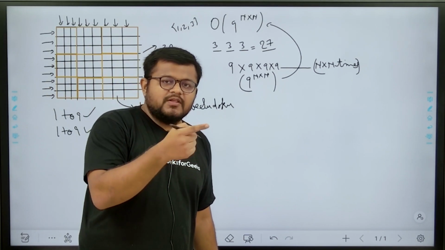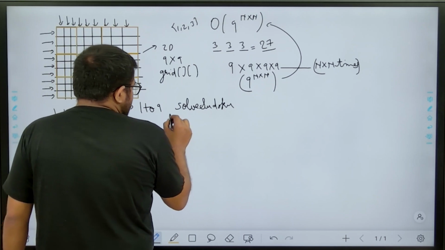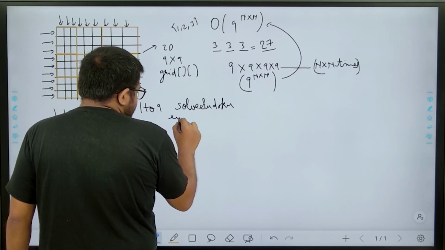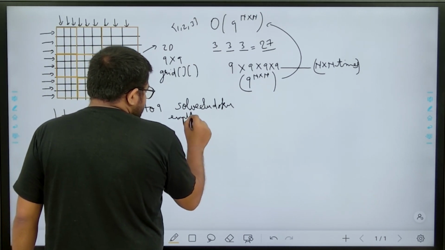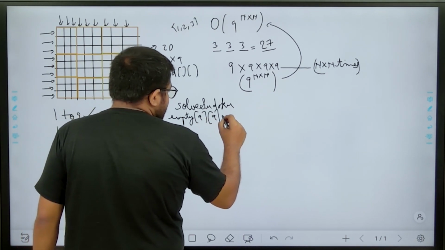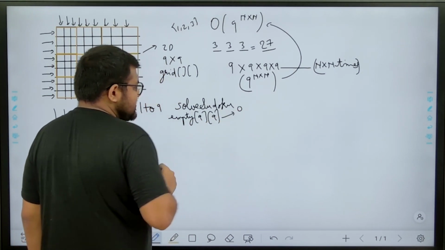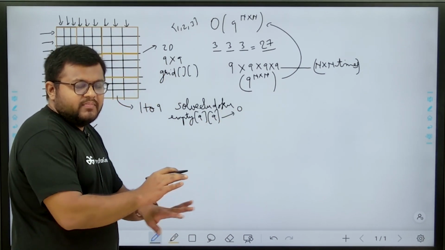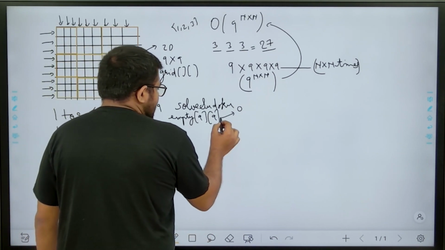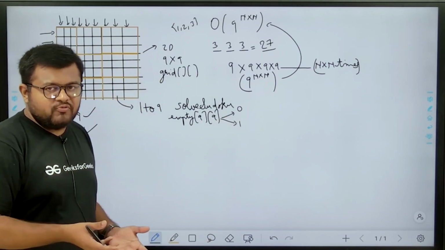I have to only fill the places which were represented using zeros. So I can take a 2D array named empty, which will be of size 9 cross 9, right? And if a particular cell is already filled, I'll say empty of that cell is 0, which means it is not empty, we do not have to fill it, and I'll mark it as 1 if it has 0, which means we have to fill it.